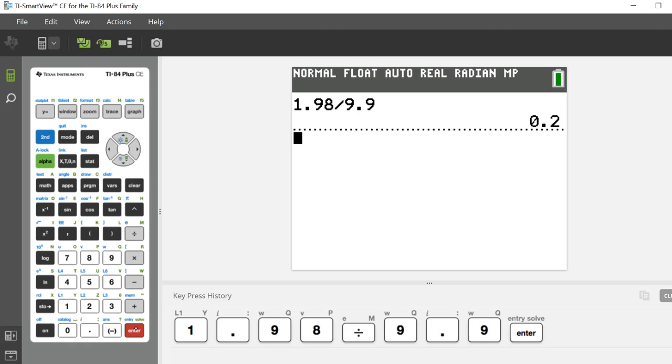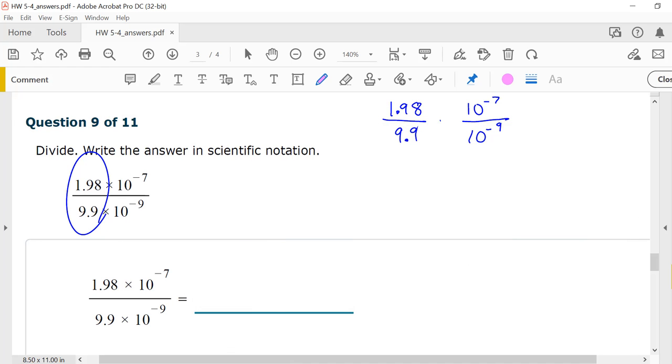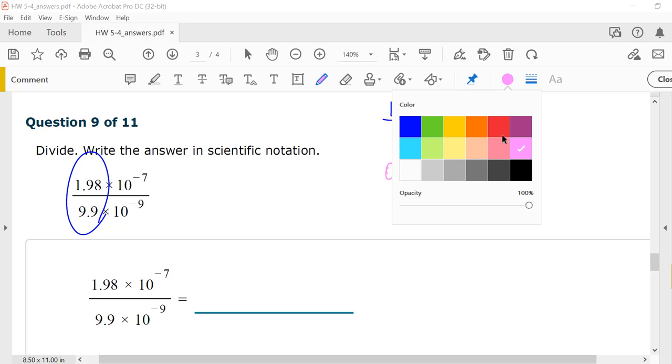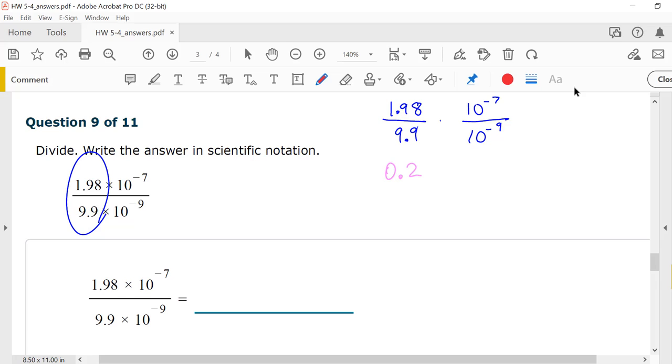I get 0.2. So this is 0.2. This part is 10 to the negative 7 minus negative 9, which is 10 to the negative 7 plus 9, so 10 to the second. Now, the pink part is not written in scientific notation.